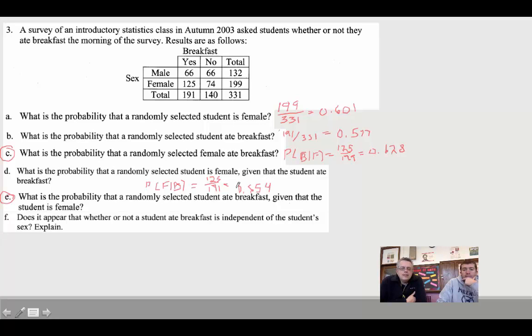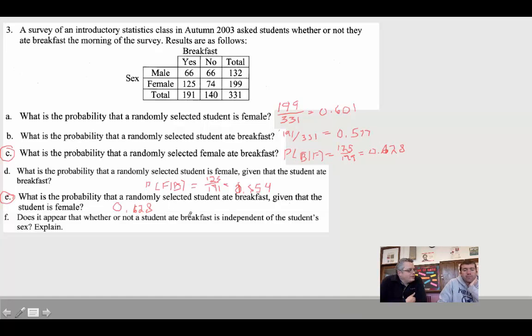Now, E, as we said, is the same thing as C. It's actually worded more clearly, so it's the same thing. So this would be 0.628. Sorry, I just can't read my own writing.